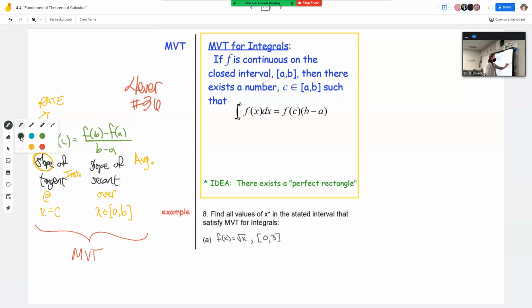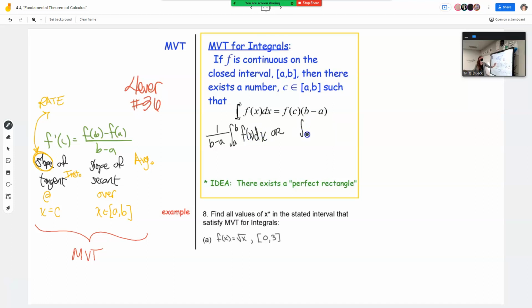And you see that this could actually be, well, let me show you. Don't worry about whether or not you can see it. I can also rewrite this by dividing both sides by this b minus a. And when I write it in a way that makes a little more sense, I could show 1 over b minus a times the definite integral from a to b of f of x dx.